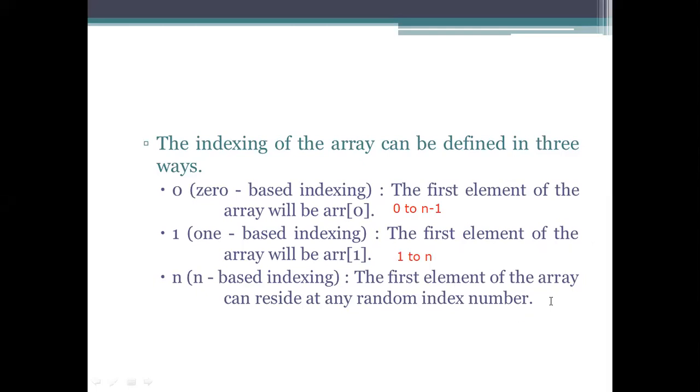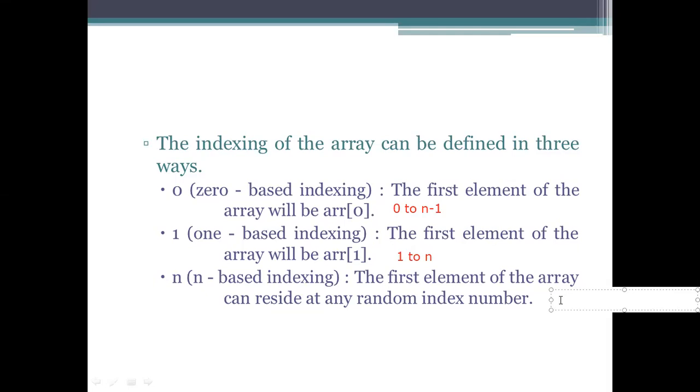And this is n-based indexing, meaning you can choose any starting index other than 0 and 1. If 0 is chosen, it becomes 0-based indexing. Otherwise, using the remaining space, 1 to n minus 1 or 1 up to the last, is considered 1-based indexing.